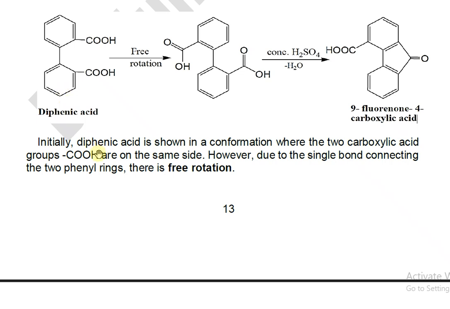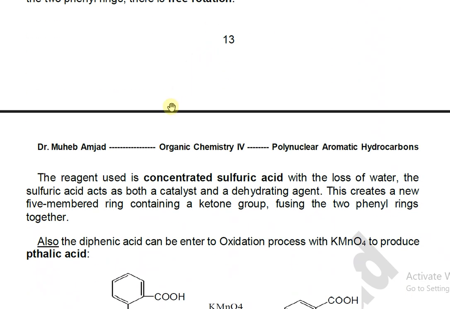And we know for every carbon-carbon single bond we have free rotation. So the free rotation can happen to convert to the second conformation here. This is the first conformation, and this is the second conformation. The reagent used is concentrated sulfuric acid with loss of water.